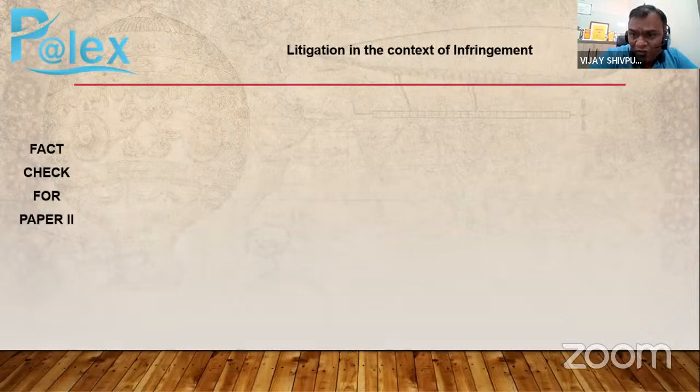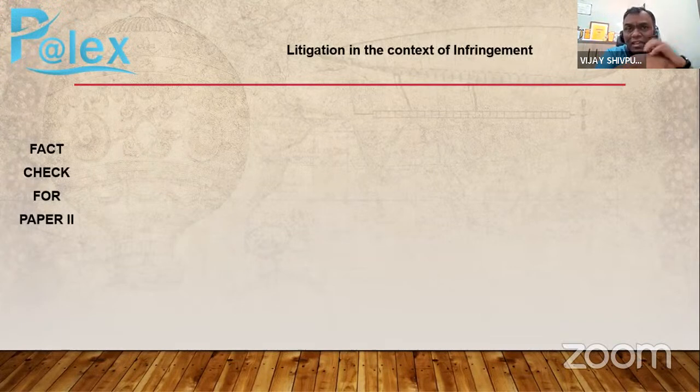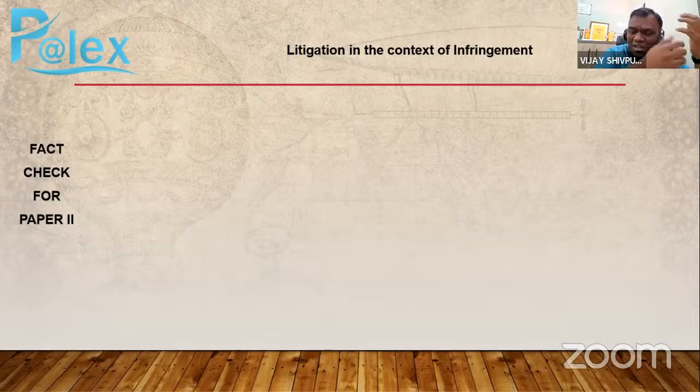Also, coming back to the fact check for paper 2, when we think of litigation in the context of infringement, generally when we speak of litigation, those who read the Patent Act are very much aware of concepts like opposition, pre-grant, post-grant, revocation.